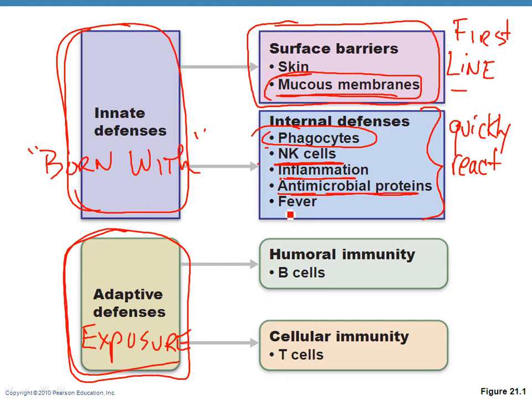Inflammation and fever are two processes that play an important role. And there are some protein weapons available as well. And again, you'll hear more about those when you take your microbiology class. So all these things together are really your first line, and then these are your second line of defense. Quick responders.